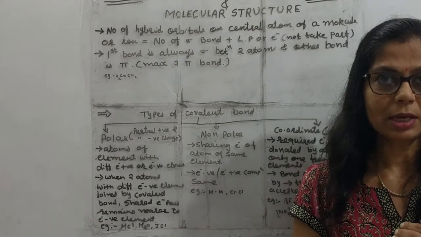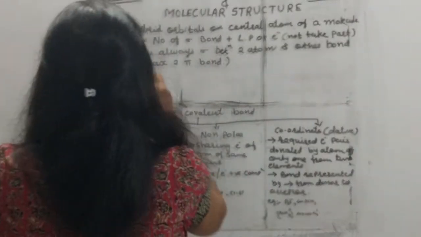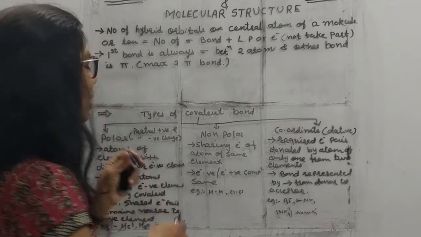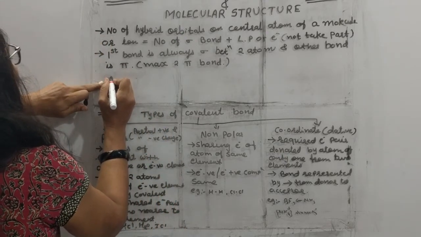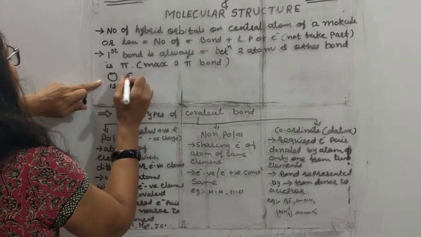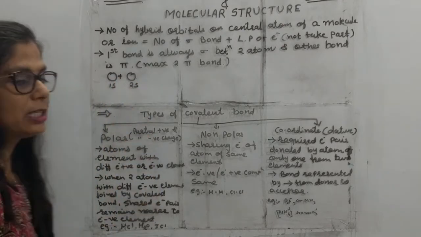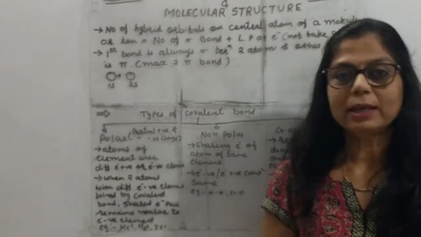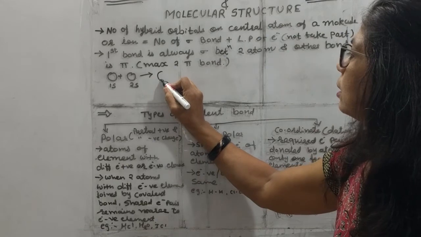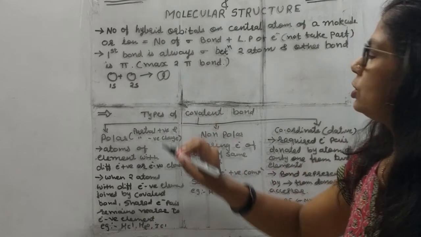We have to understand this by an example. Suppose we have s-s overlapping, here with 1s and here with 2s. Then the two electrons will be shared.